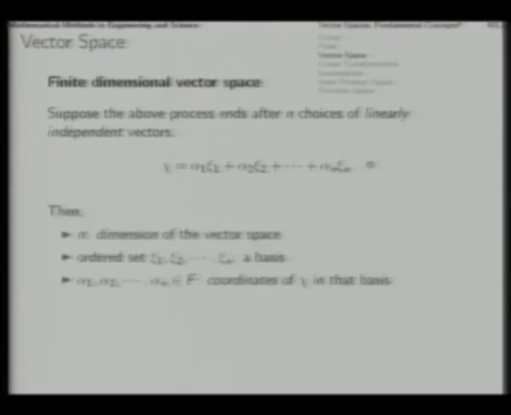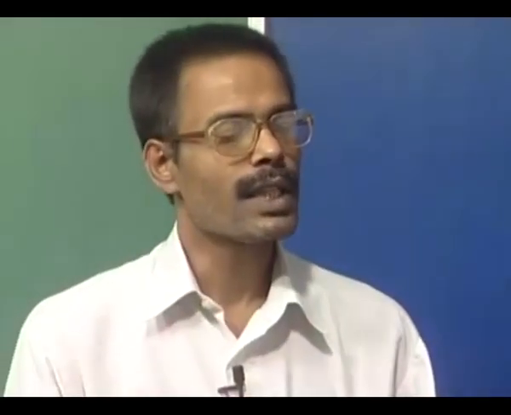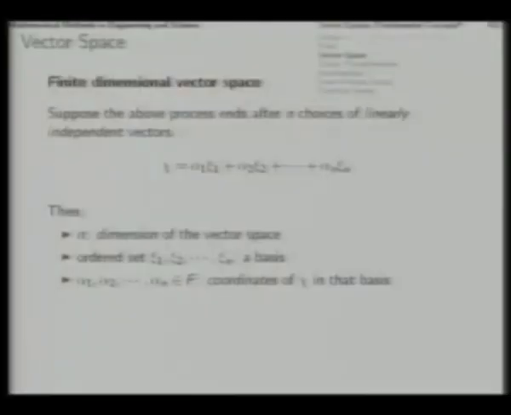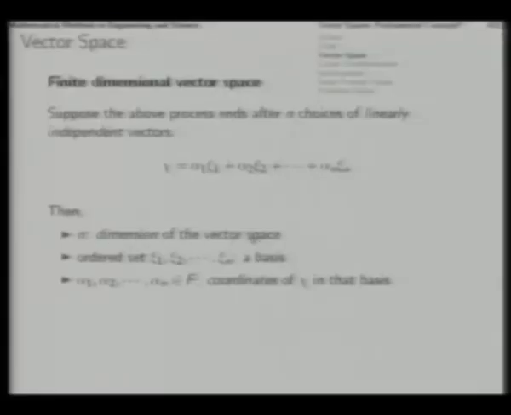Okay. So, if this process ended with n choices of linearly independent vectors, then we say this number n is the dimension of the vector space. So, n linearly independent vectors we could find, more than that we could not find. So, this n is the dimension of the vector space.